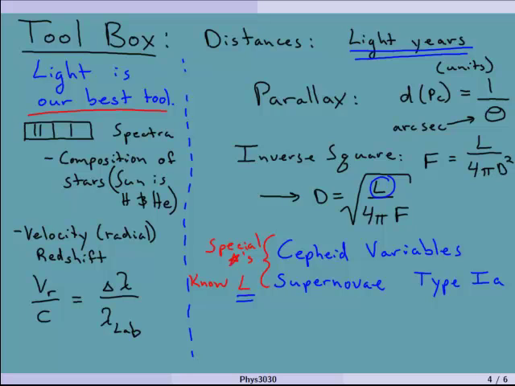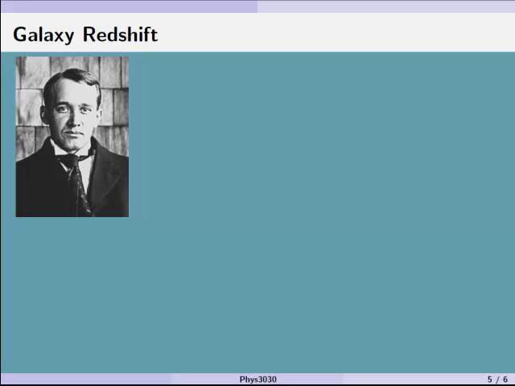So let's now start talking about what we can use these tools to figure out. Okay? So what we want to talk about is one of the amazing observations that this gentleman here made, and his name is V.M. Slipher. Okay?